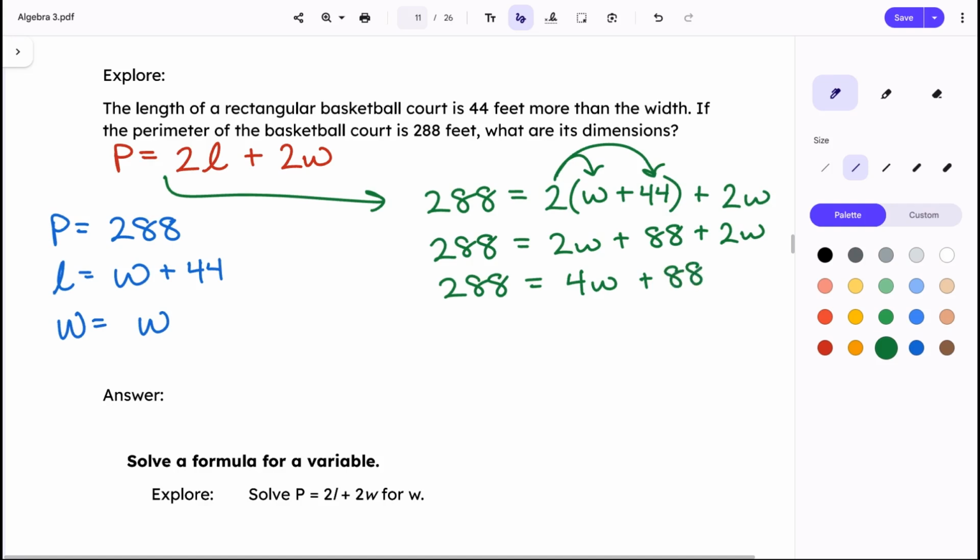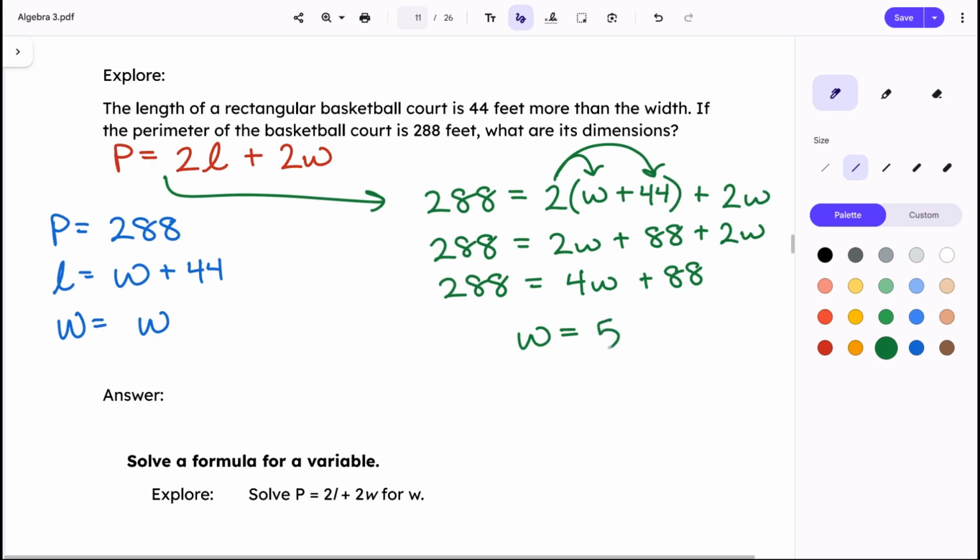Go ahead and solve for W. What do you get for W?